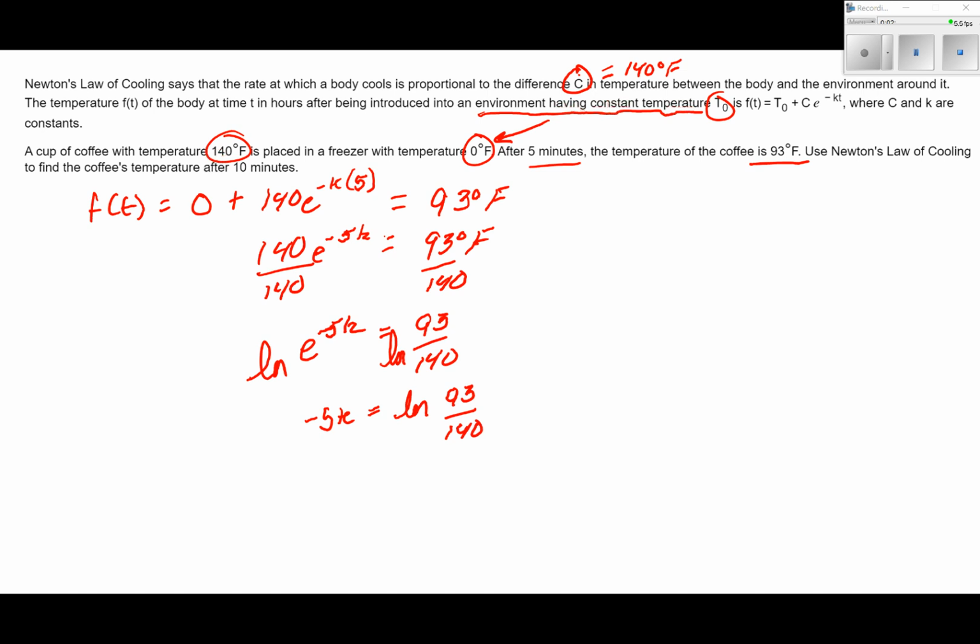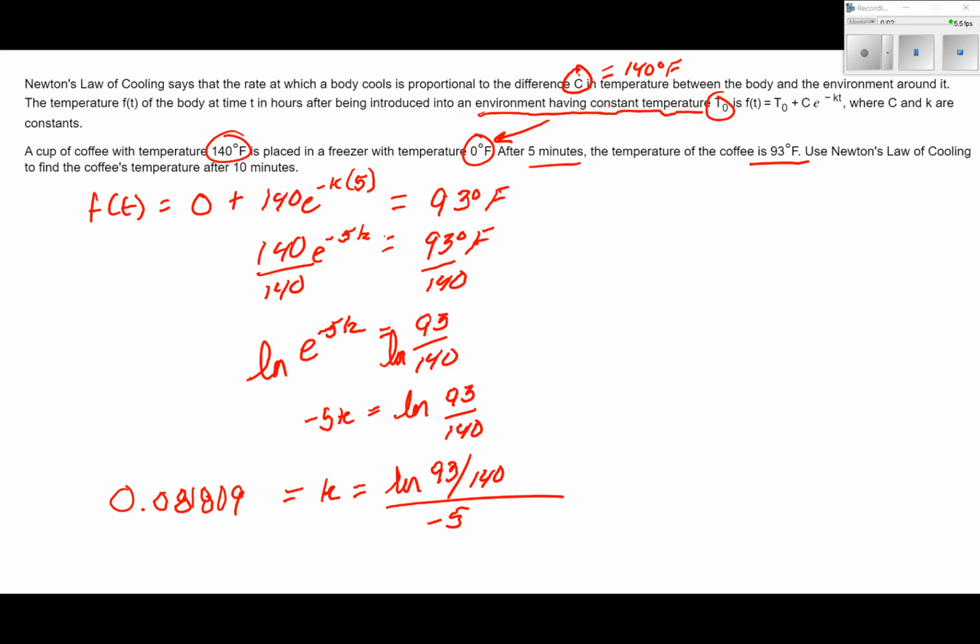Divide this by negative 5. So k is the natural log of 93 divided by 140, divided by negative 5. Punch this into the calculator, k ends up being 0.081809.